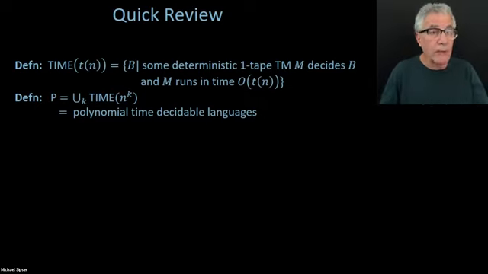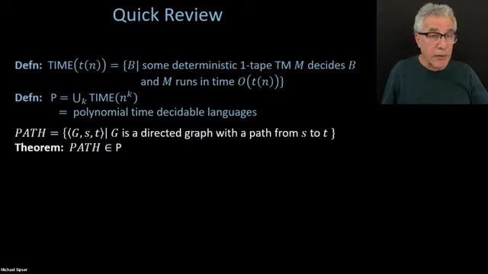We're identifying problems with languages here. And the class P is the collection of all problems that you can solve, or all languages that you can solve in polynomial time. So it's the union over all time n to the k. So n squared, n cubed, n to the fifth power, and so on. Union over all of those bounds, the associated languages, that's the class P.